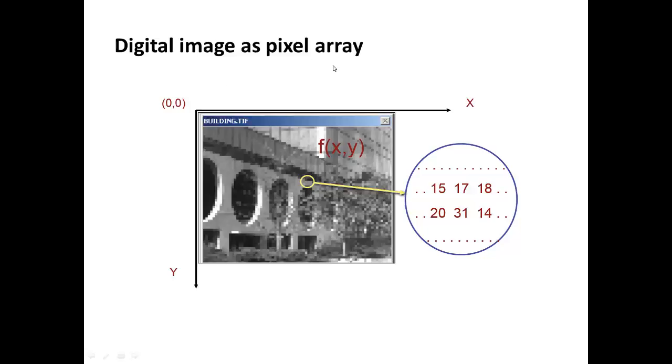So for the X direction, it's from left to right. For the Y direction, it's from top to bottom. So sometimes we call the height of the picture the depth, because it's from the top to bottom.